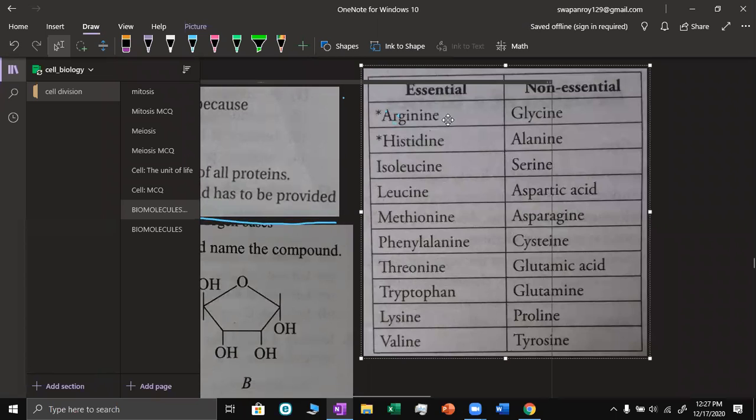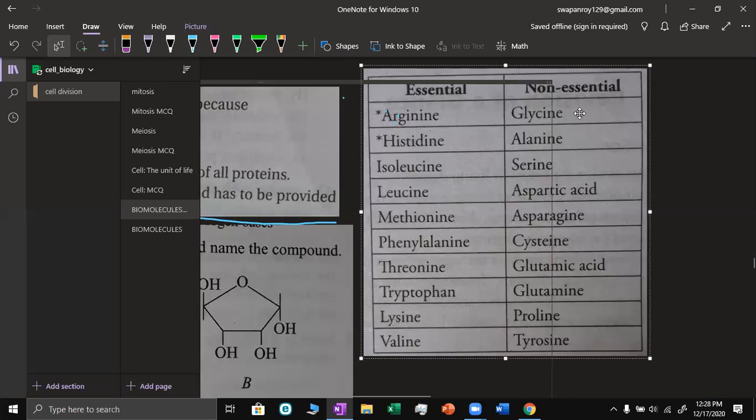These are arginine, histidine, but leave these two: isoleucine, leucine, methionine, phenylalanine, threonine, tryptophan, lysine, and valine. These are the essential amino acids.